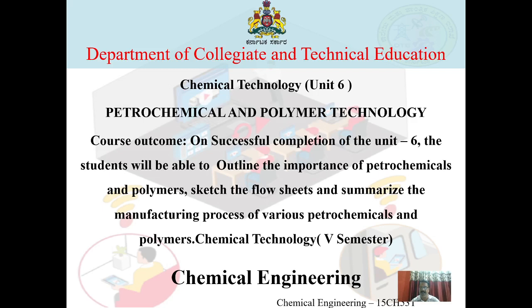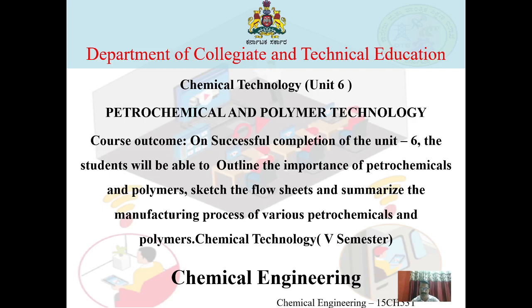The operating conditions in the reactor are normal temperature and pressure, and the emulsification agent is an alkali like sodium hydroxide. During the hydrolysis process, 10 to 25% sulfuric acid is used. The operating conditions in the hydrolyzer are a temperature of 55 to 65 degrees Celsius and atmospheric pressure.